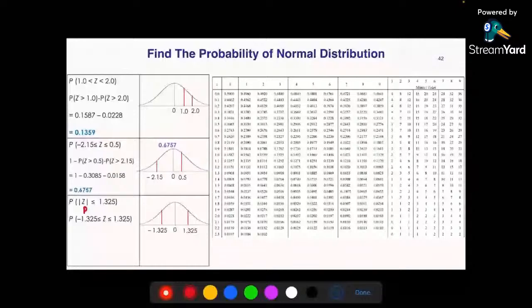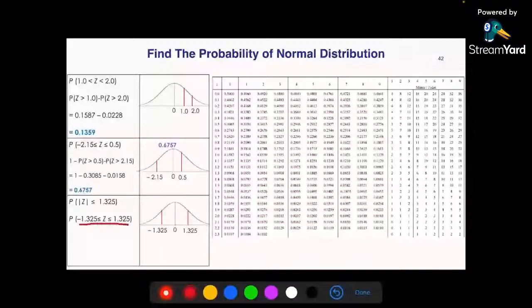Okay, instead of writing this way, kita tulis macam ini. So area dia adalah between this one, is the middle part here.